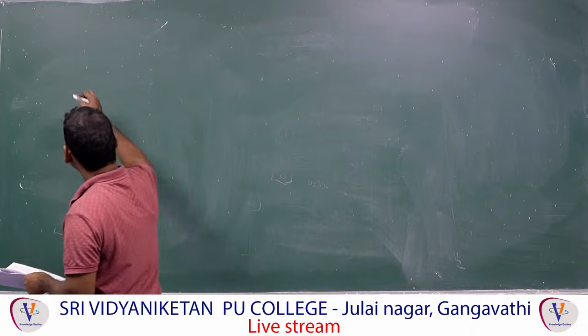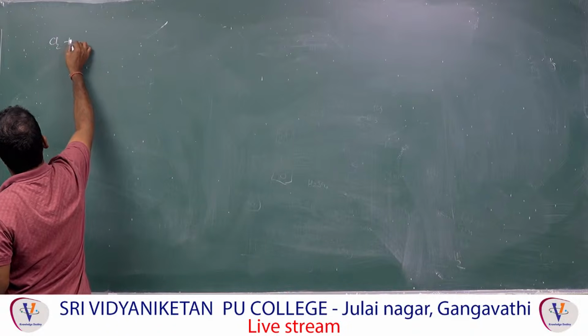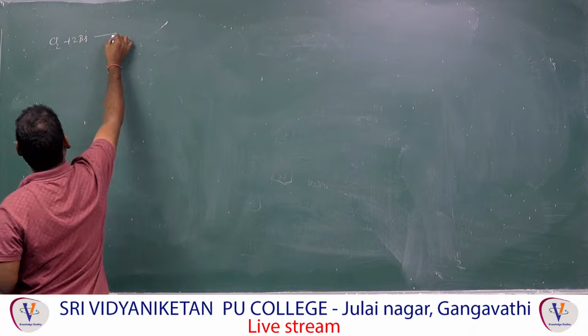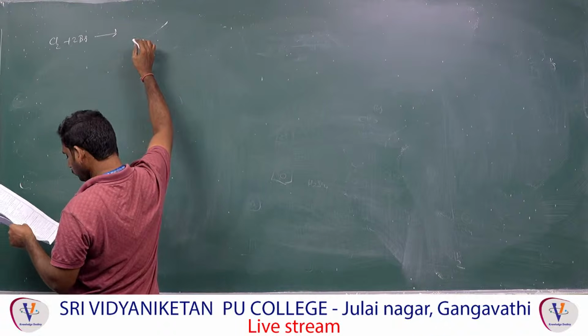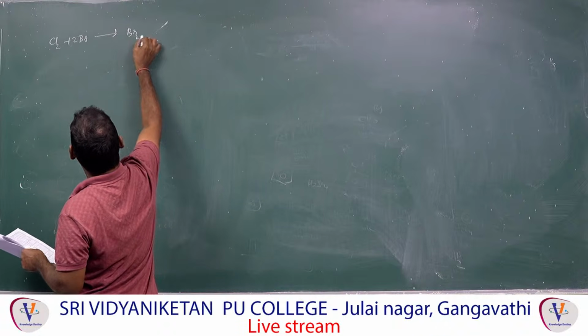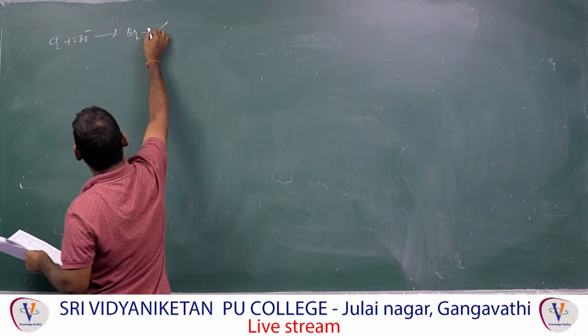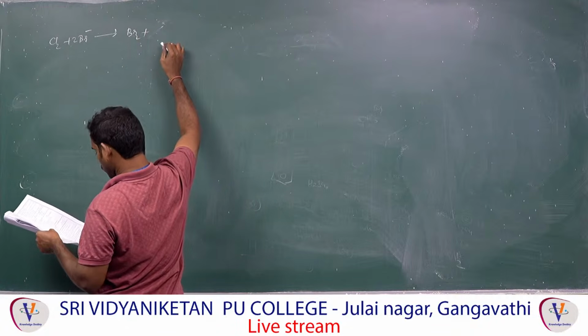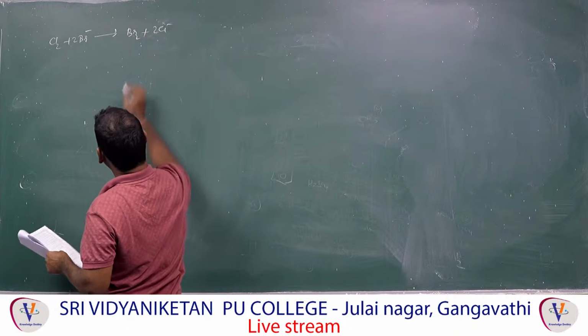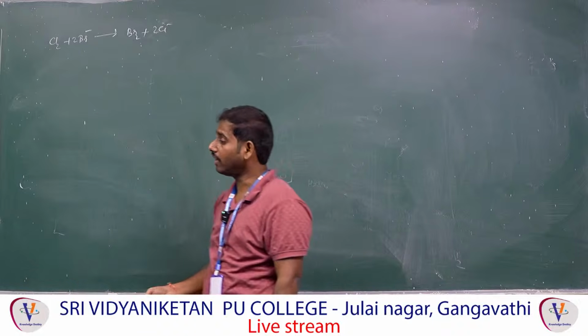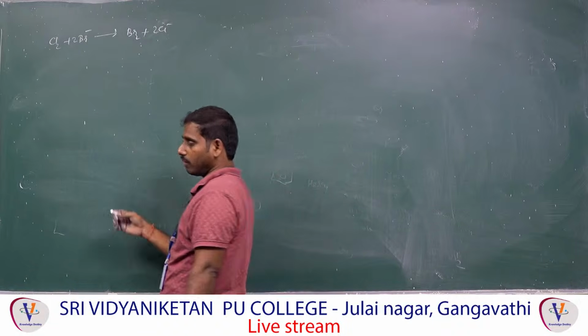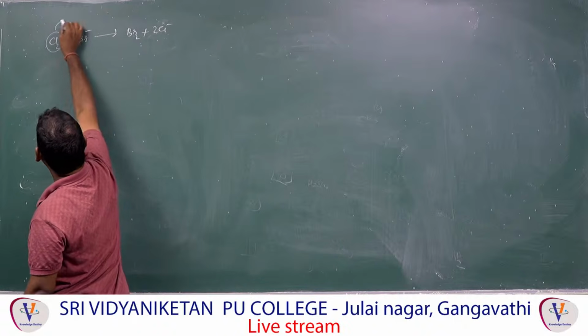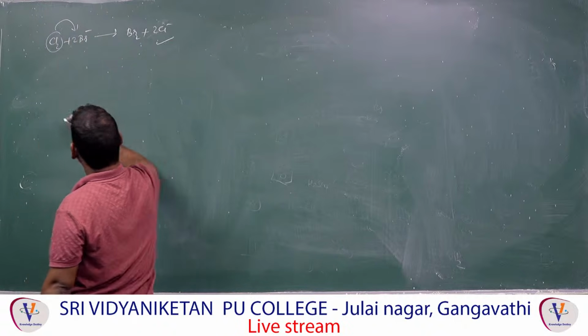Cl2 with 2Br minus, what can I get? Br2 plus 2Cl minus. What does that mean? These are non-metals. A more reactive non-metal can replace a less reactive non-metal, so it is possible.